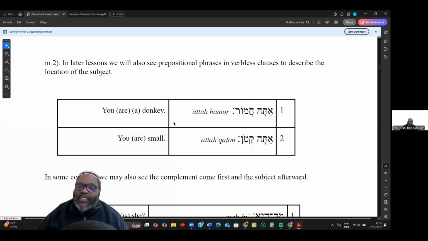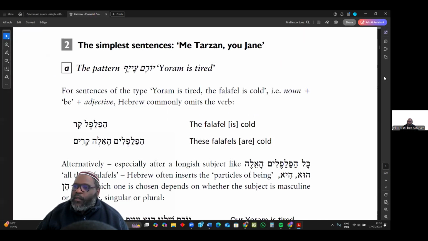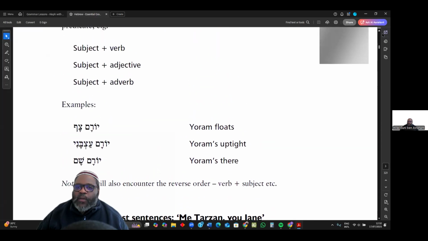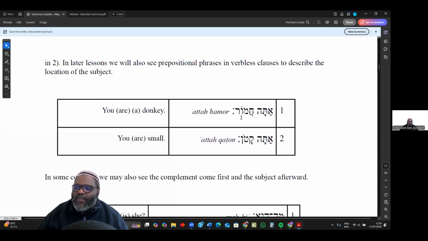Literally in Hebrew, it says you donkey, which is actually normal because the Hebrew construct, according to the modern Hebrew textbook, the sentence construct is very simple. It's subject plus verb. So this simple subject plus verb is what we see here. Ata chamor, you donkey.